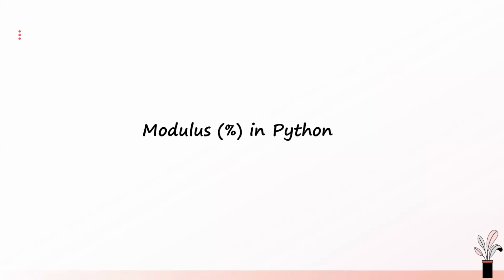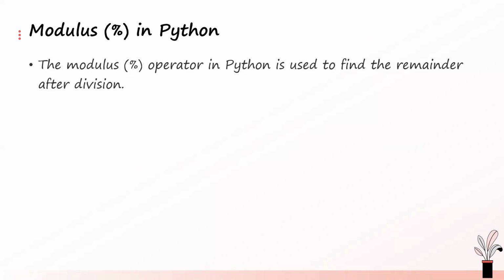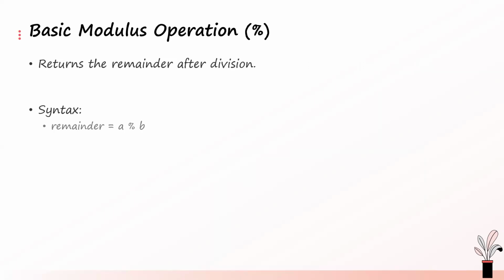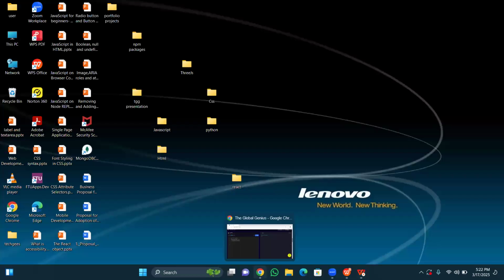So let's talk about the modulus. The modulus in Python, and in every programming language, returns the remainder of a division. So when you say 10 divided by 3, the modulus is 1, the remainder is 1. This is the syntax for a modulus: you use the percentage sign.